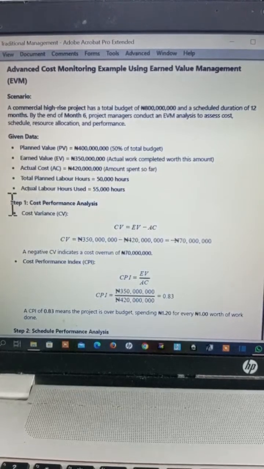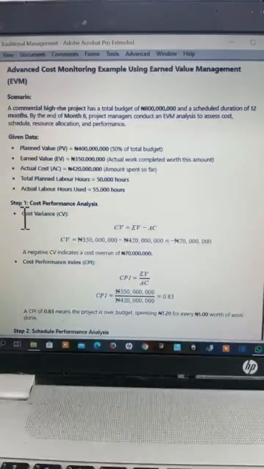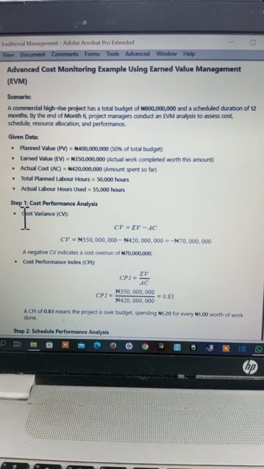First we find the cost variance, the difference between the earned value and the actual cost. Remember that the earned value is the actual work completed worth a particular amount, while the actual cost is the amount spent so far for that stage of the work.